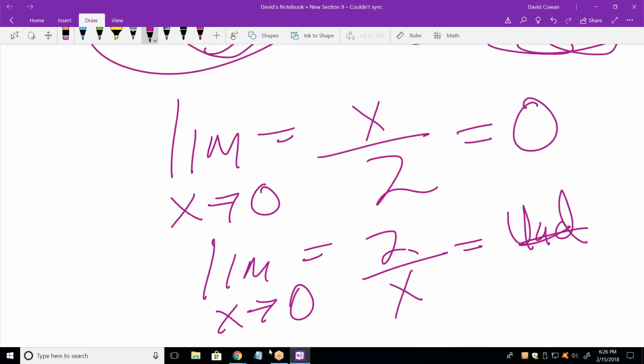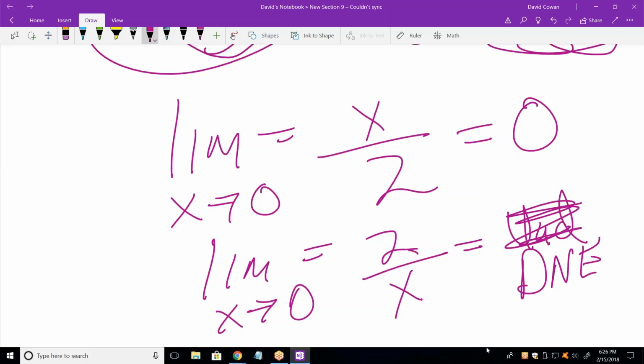Actually, you're right. It does not exist, because the limit from the left is plus infinity or negative infinity, and the limit from the right is plus infinity. Since they're not the same, it does not exist. But you can see what happens. If the 0 is in the denominator, it does not exist. If it's in the numerator, it's 0.